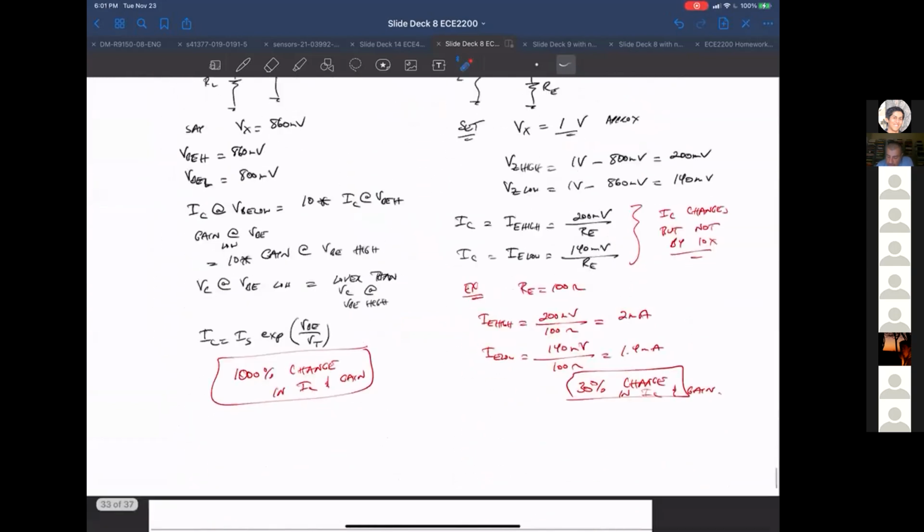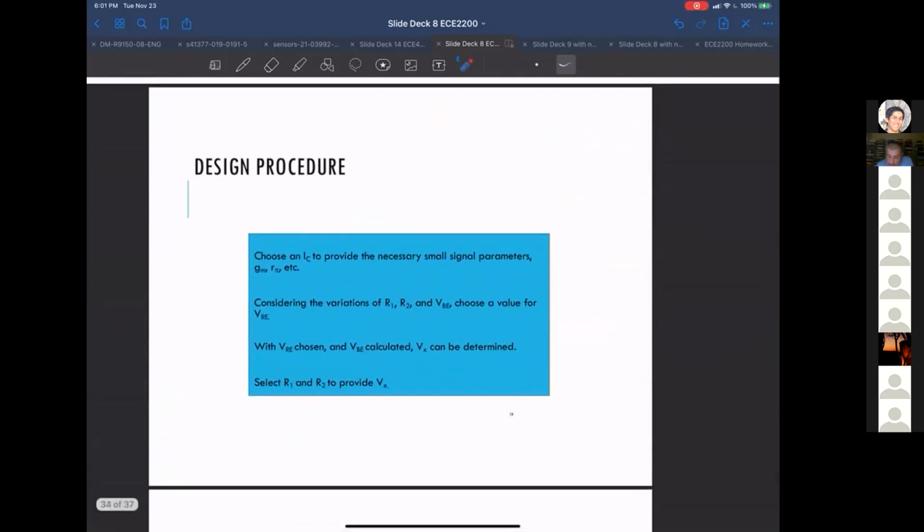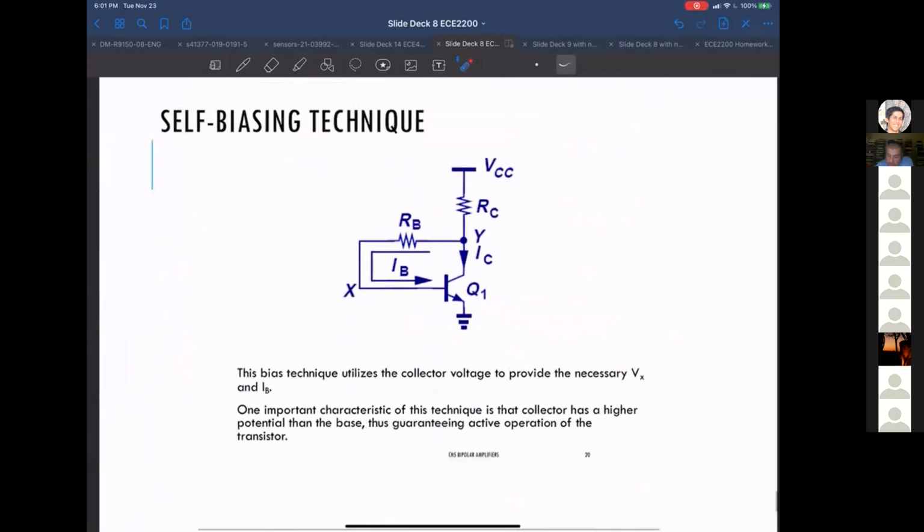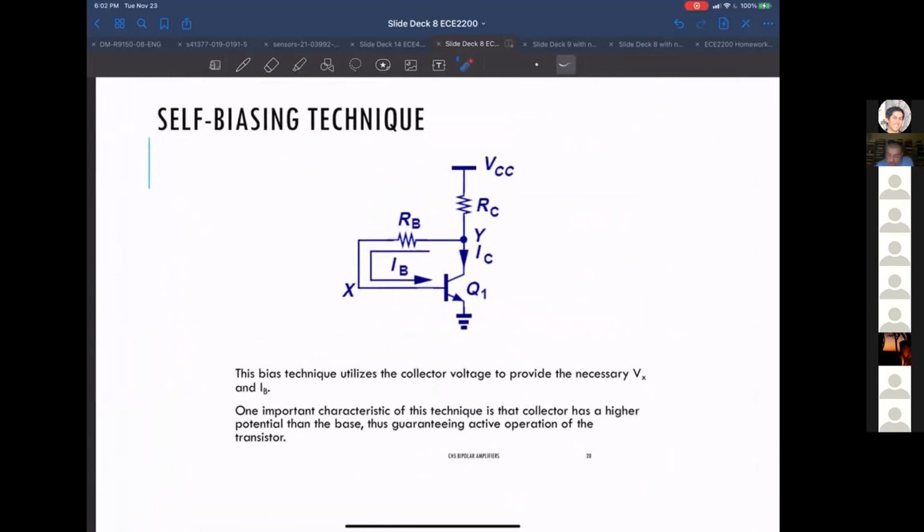Okay, so there's another approach called a self-biasing technique. This one's pretty simple to understand, and it's pretty simple as a concept. I'll talk a little bit about it qualitatively again.